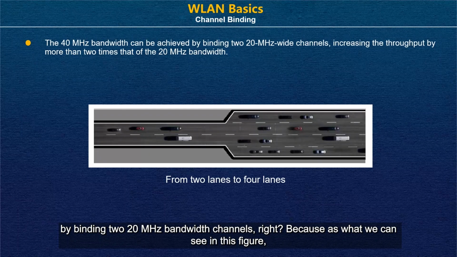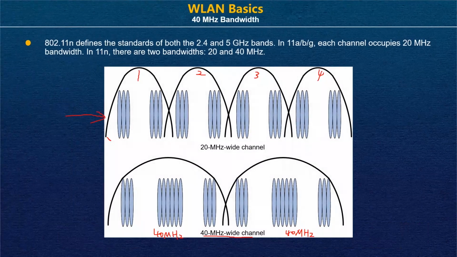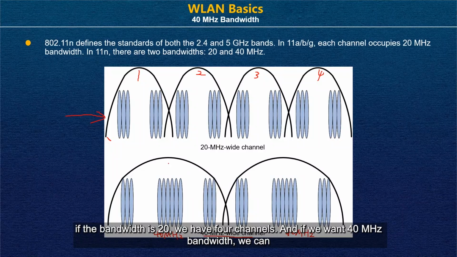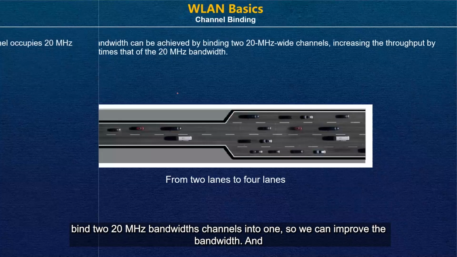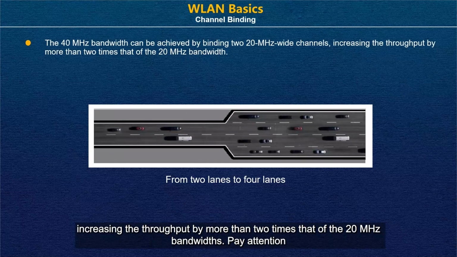Because as we can see in this figure, if the bandwidth is 20, we have 4 channels, and if we want 40 MHz bandwidth, we can bind two 20 MHz bandwidth channels into one, so we can improve the bandwidth. And increasing the throughput by more than 2 times that of the 20 MHz bandwidth.